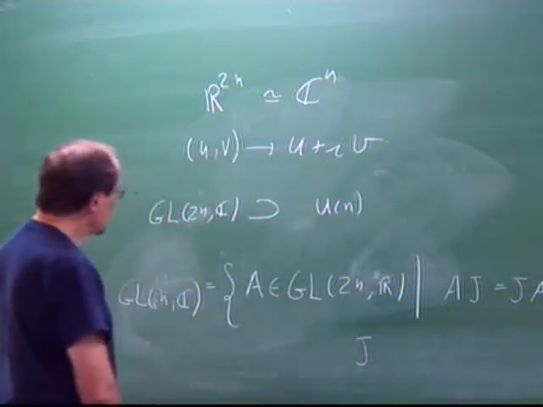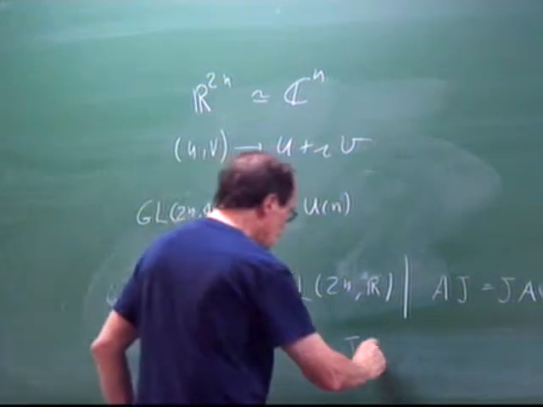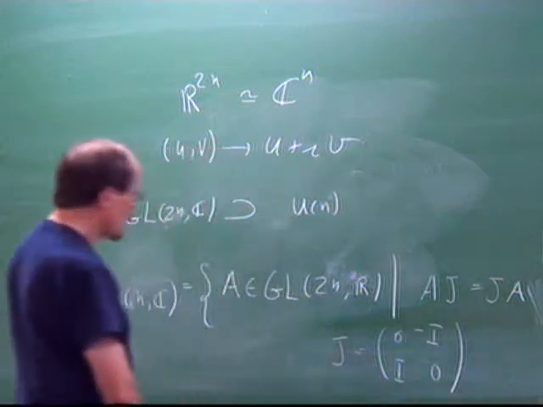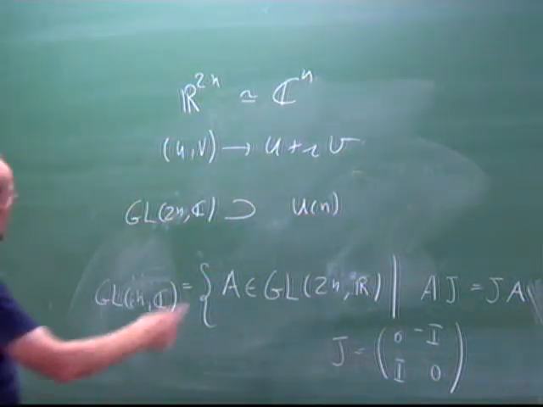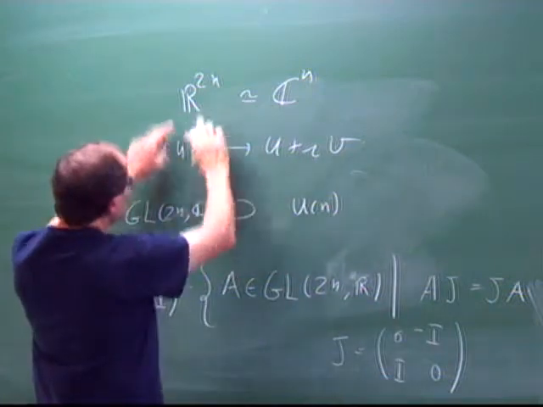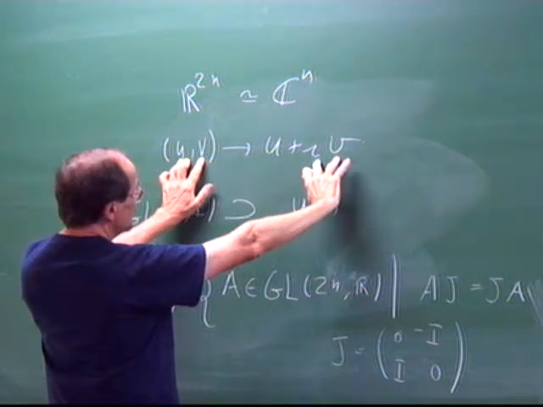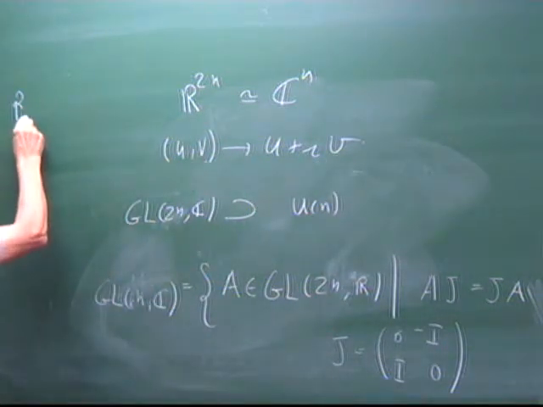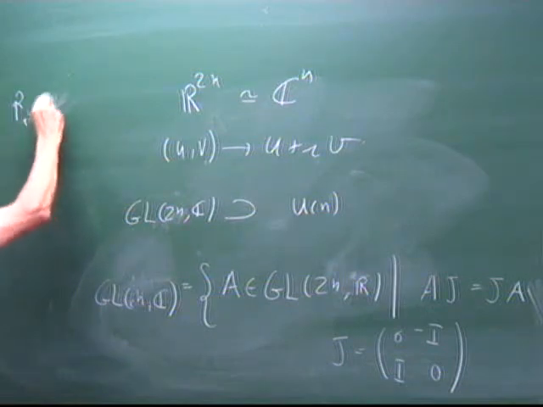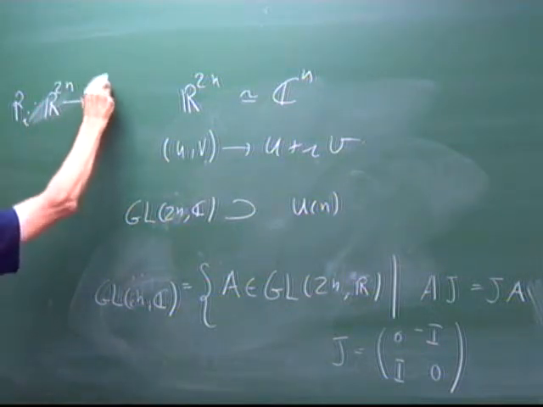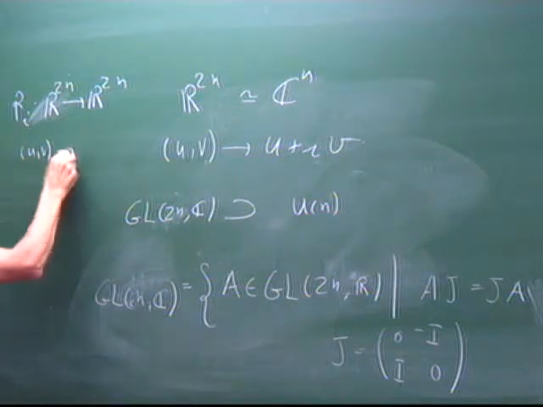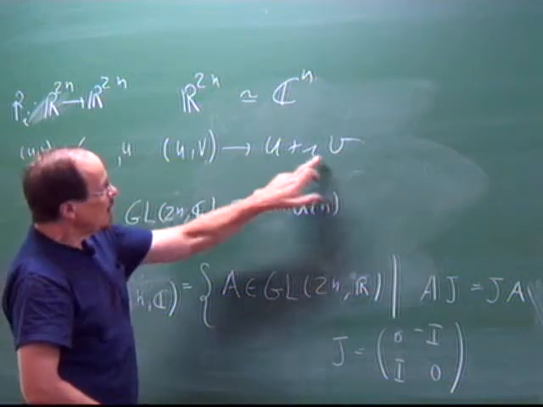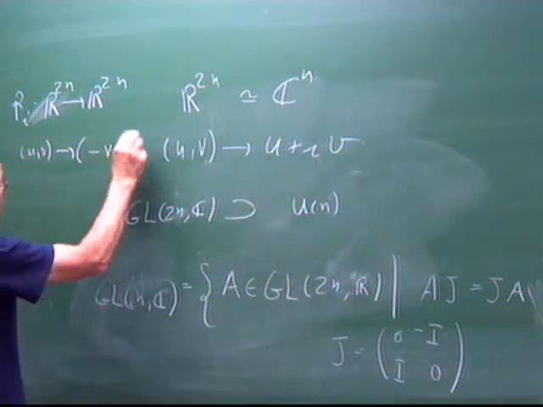where J should be complex multiplication, which now has the form 0, identity, minus identity, 0. Is that right? So if I multiply by i on the right here, a vector in R^2n, multiplying by i sends u, v to u going in the second component, and i squared is minus 1, so I have a minus v in the first component.